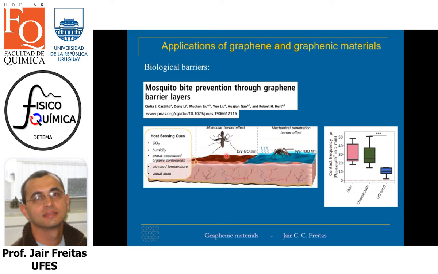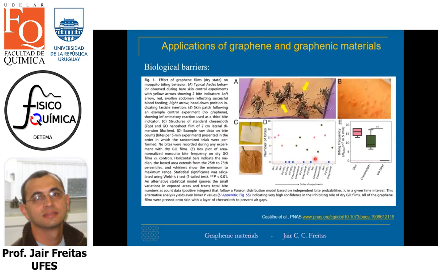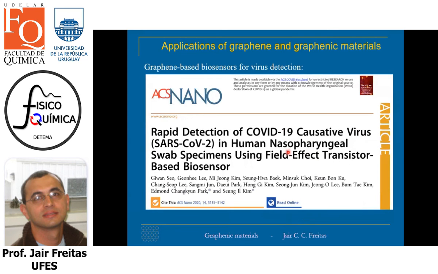So, for example, when they use the dry film, they obtain essentially no bites. The mosquito simply did not get into the tissue. In the case of the wet film, the performance was not so good. So this is an interesting different type of application of graphene oxide membranes as biological barriers.